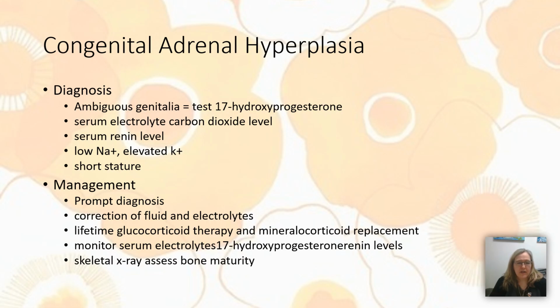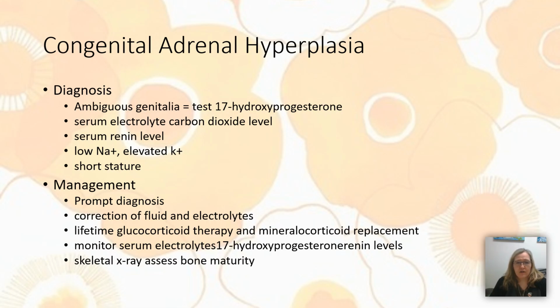And they can also run a serum electrolyte and carbon dioxide level. Now, I don't put either of these on your test, but you should know that ambiguous genitalia should trigger an automatic lab workup. We'll also test for serum renin levels, low salt, and elevated potassium.